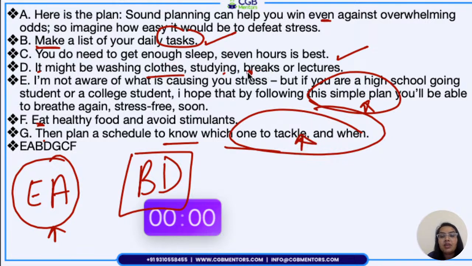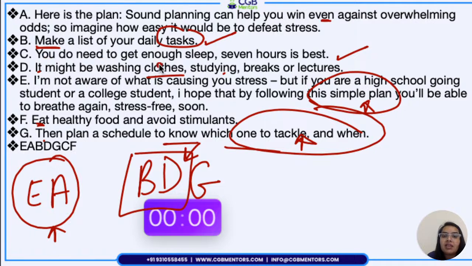Tackling is to be done with washing clothes, studying, which one to do, which not to do. So G will come after you have named the task, which one to do when. B, D, G are coming together, E, A have come together, F and C we haven't decided yet.